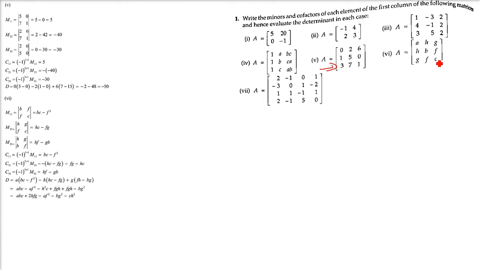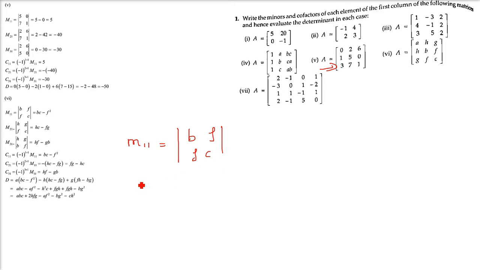This one, let us do it. This sixth one, so I'll just write directly. I'm doing the sixth one, vi. Here we are trying to find out the minors. So M11: row and column of A has to be left, only BF, FC will be there.